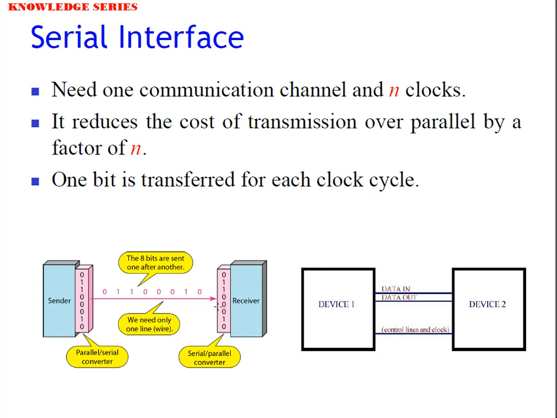So this is how the serial interface takes place. You can see here a control line or a clock signal. Once it is received, data is sent from here to here, and the two devices communicate based on the clock, data transmitting, data receiving. So data in, data out is taking place between the two devices.